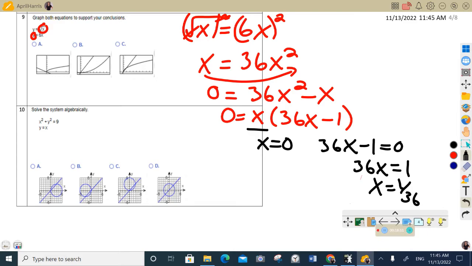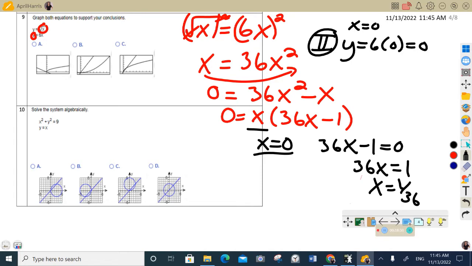Now remember, we're finding points where the two lines cross, so you've got to plug your x back in to solve for y. I'm going to plug it into my second equation because it's just 6 times x. So if x is 0, that's my first solution, I have 6 times 0, which is 0. So one of my points is (0, 0). That's one of my solutions.